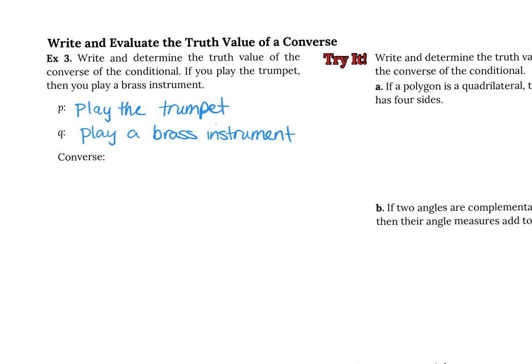Well, we are creating the converse, which means that we are flipping Q and P. So if we're flipping Q and P, then we would have if you play a brass instrument, then you have to play the trumpet.